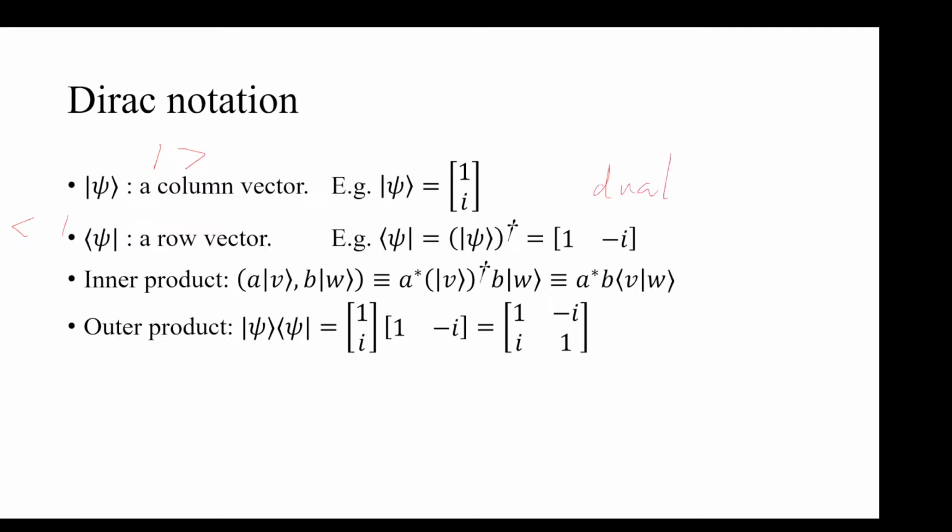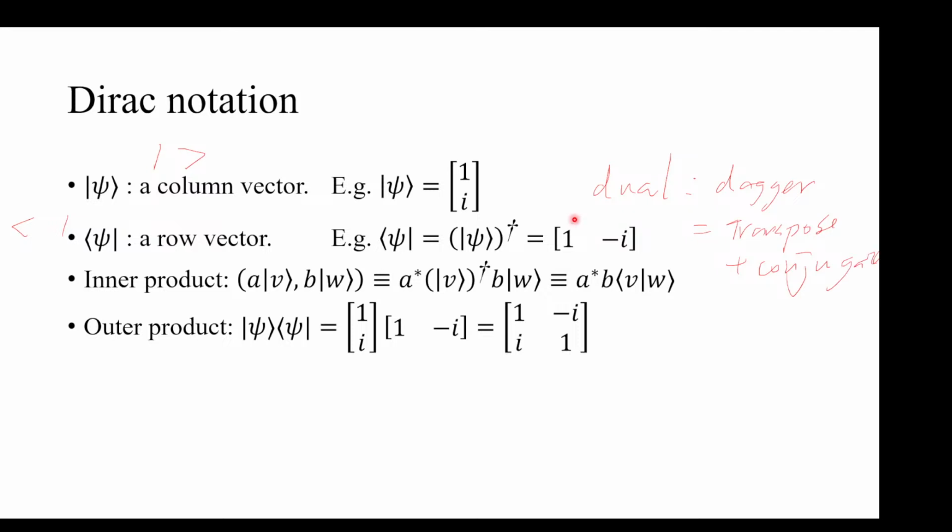It means that you take the dual of your vector. When you do dual, what you do is transpose and complex conjugation. So the dagger operation means conjugate transpose.